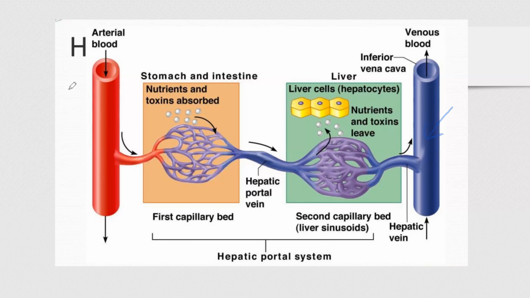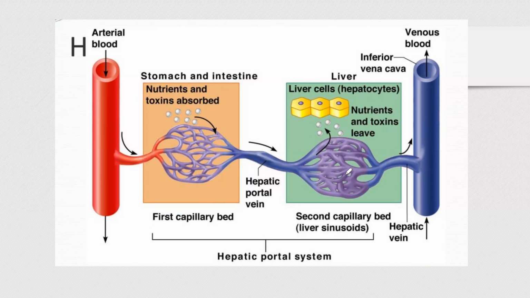So you bring oxygenated blood to your digestive organs. You form the first capillary bed. Then you pick up nutrients within those capillaries. You carry everything to the liver. The liver takes care of your nutrients and toxins, cleans your blood.